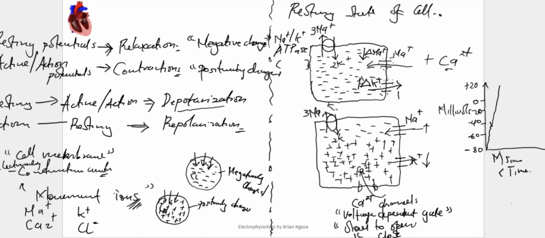This is unique with the cardiac cells, and maybe some skeletal muscles and also some smooth muscles, that their contraction is as a result of entry of calcium. So where we may be at 0, maybe up to 20, this is marked by entry of calcium. And remember, we've said that these calcium channels are normally slow to open and slow to close.